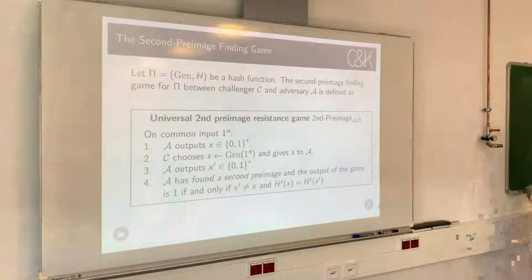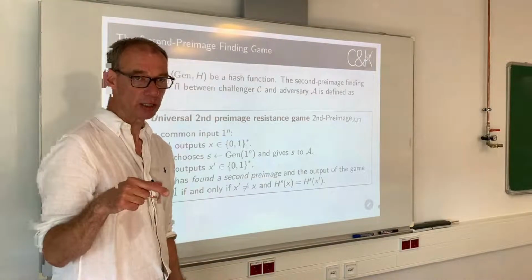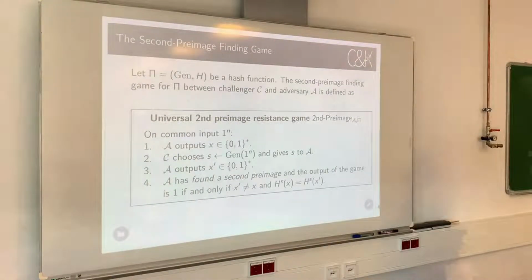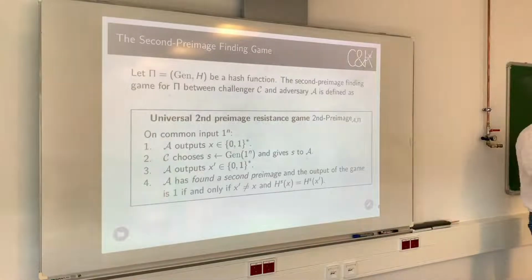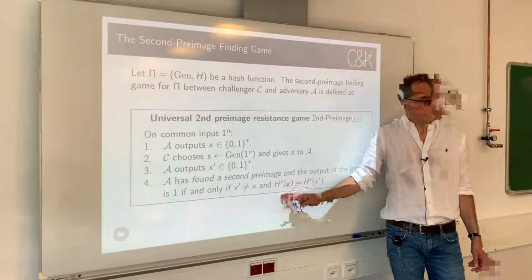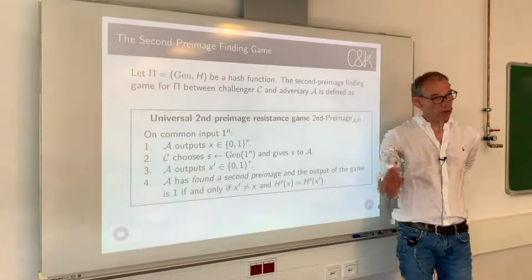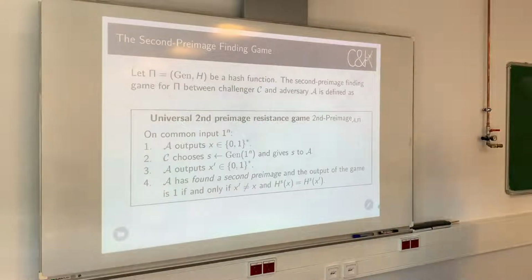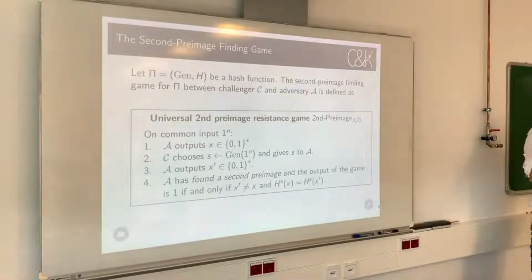So as before, we have a hash function, which consists of two algorithms, the key generation algorithm and the hashing algorithm. The key generation algorithm picks a key, and then the hash algorithm, given a key and a message, computes the hash, which we usually define as h_s(x). s is a key. And remember, the key is not secret in hash functions. It's something that we give to the adversary as well. Right? Everybody has to be able to apply hash functions.